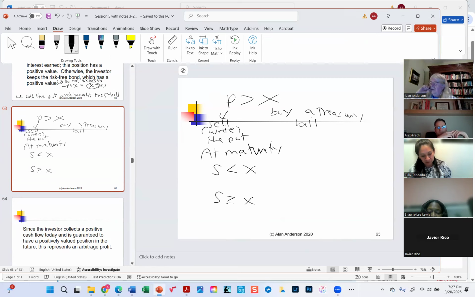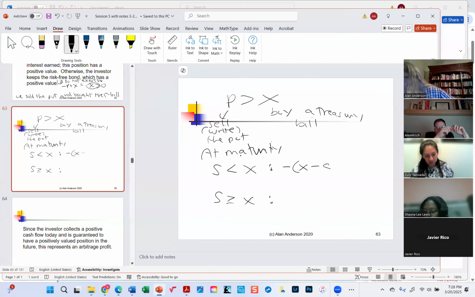In the first case, the put finishes in the money. The buyer of the put has a payoff of X minus S, but you're the seller. So in other words, this is the payoff to the buyer.